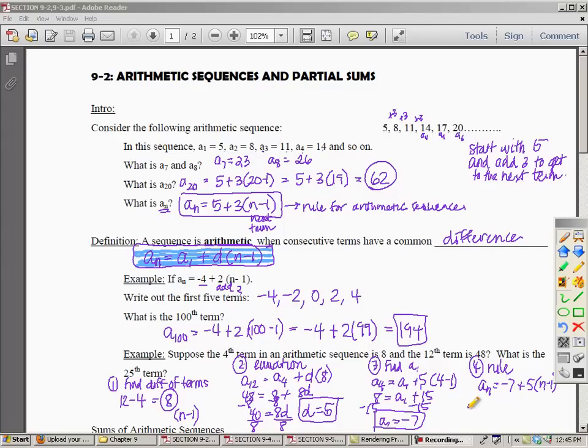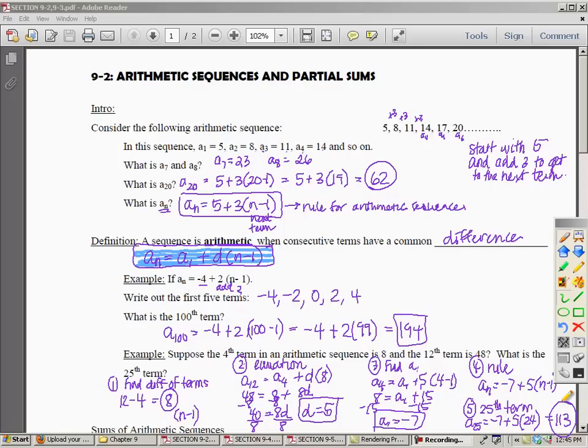And so the 25th term is negative 7 plus 5 times 24, just to save myself some space, and I end up getting 113. The whole point was to find 113.